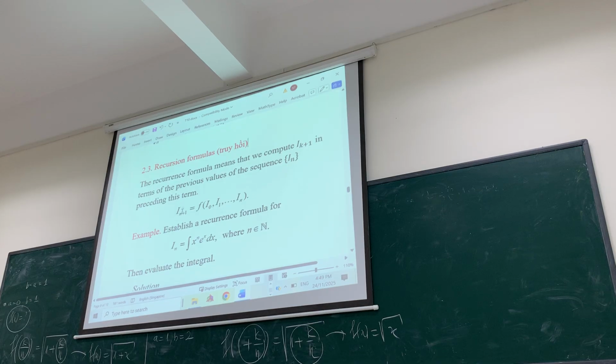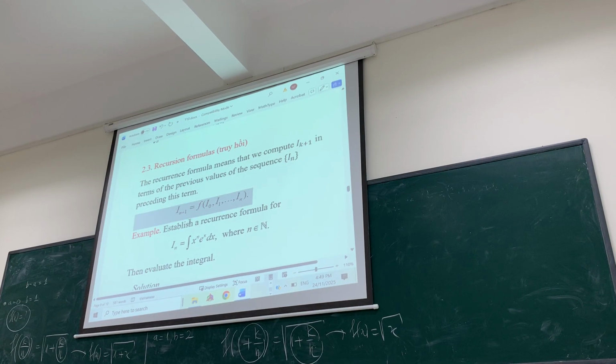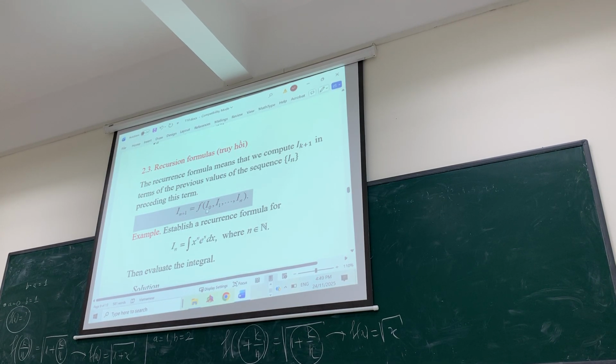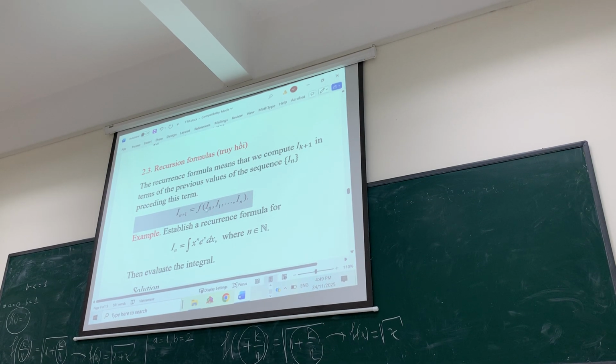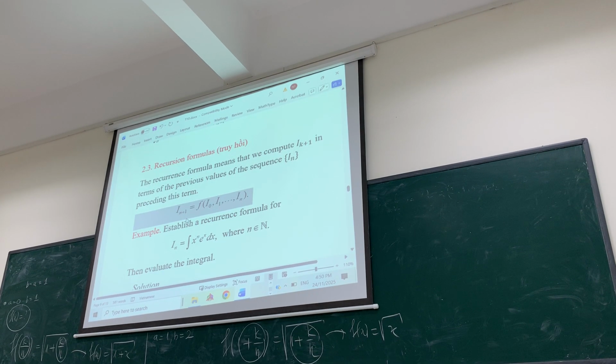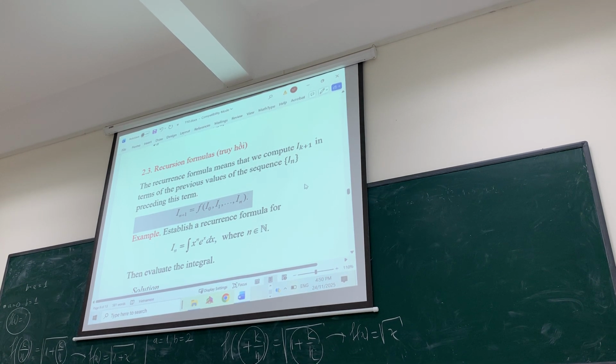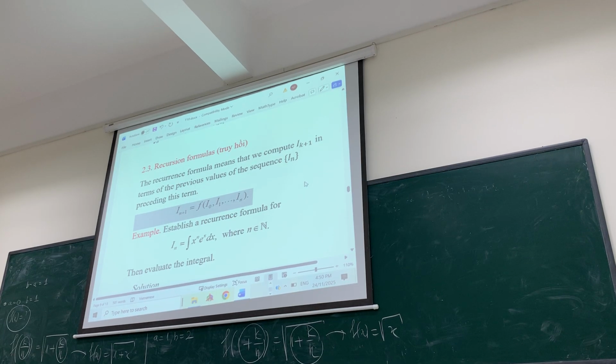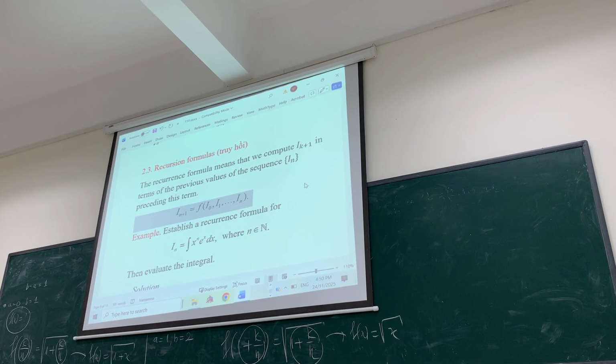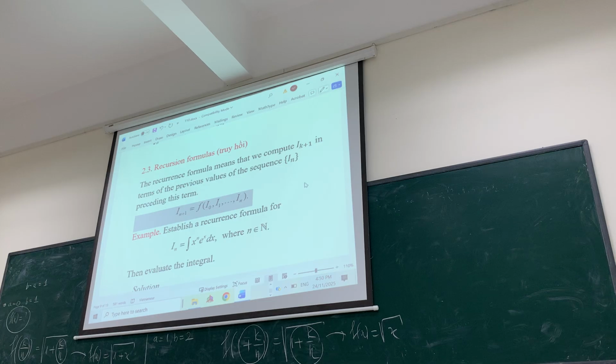That means we can find I sub n plus 1 based on previous terms of the sequence. I sub n plus 1 is equal to a function of I0, I1, etc., up to In. That means we can find I sub n plus 1 based on the previous elements in the sequence.